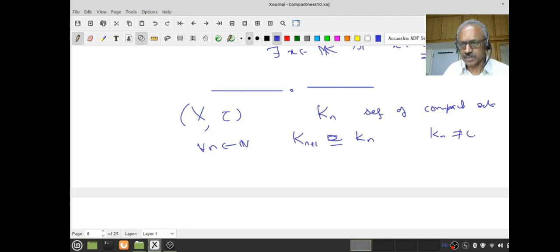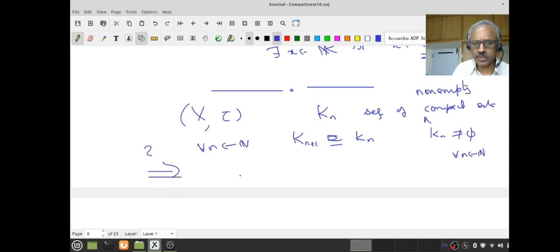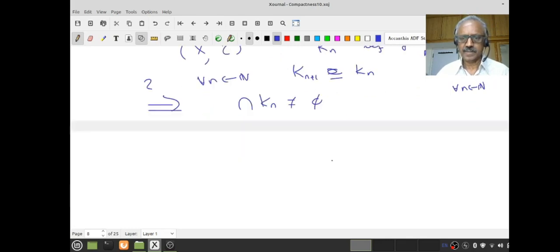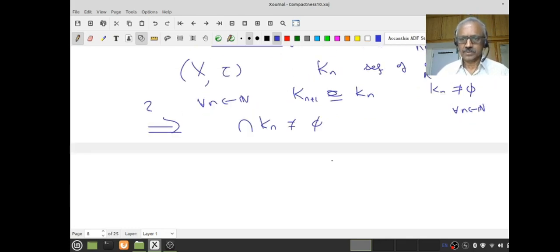Therefore let's assume K_n is non-empty for all n. So I would like to know, can I conclude the intersection of K_n is not empty? This is a question. This will be the analog of the nested interval theorem. Let us try to do that.